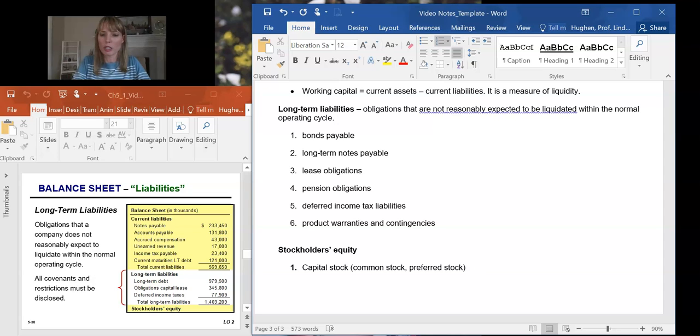And one thing we need to mention here that we haven't discussed so far is that we record the capital stock at par value. Par value is just a completely arbitrary dollar amount that's assigned to a share of stock. It used to have an actual meaning. It wasn't just an arbitrary amount many years ago, but since then most companies have a par value of a penny per share or even less.